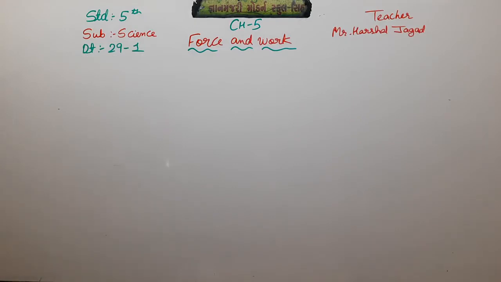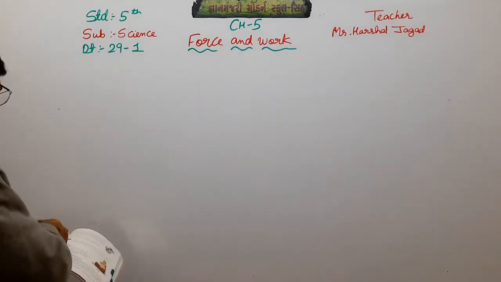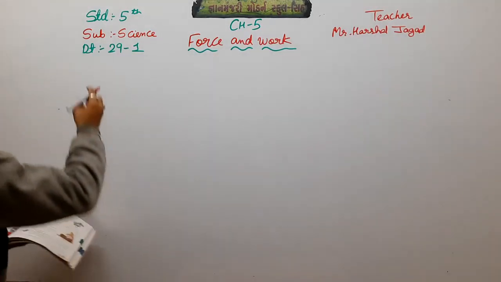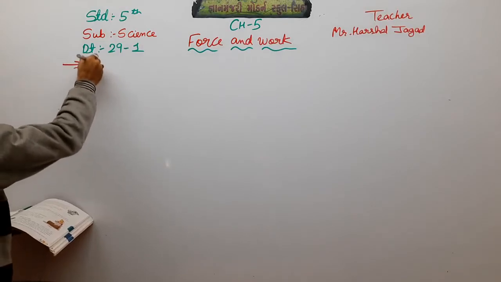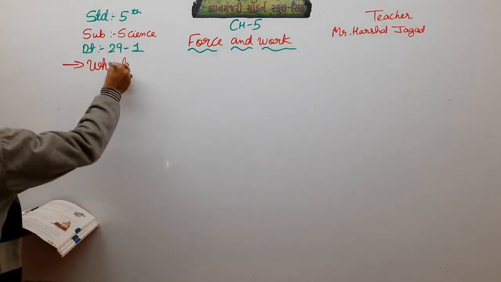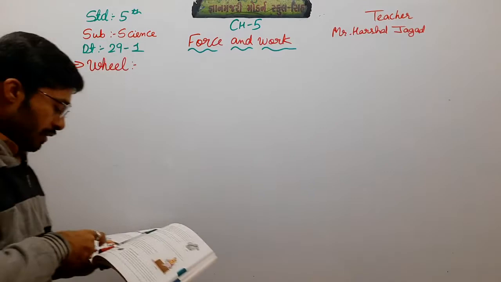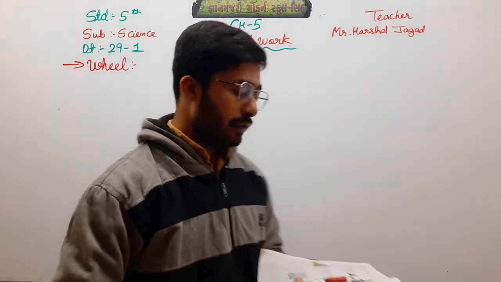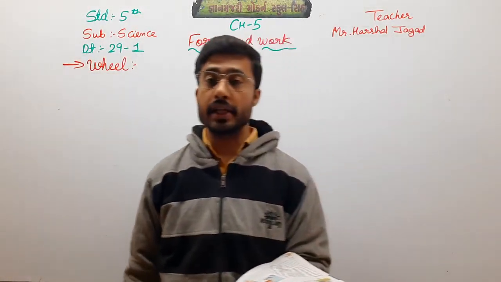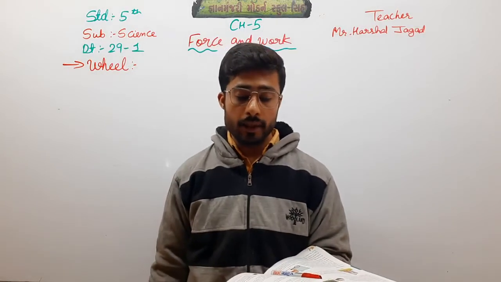So here, the wheel. The wheel was one of the greatest inventions of early human beings.